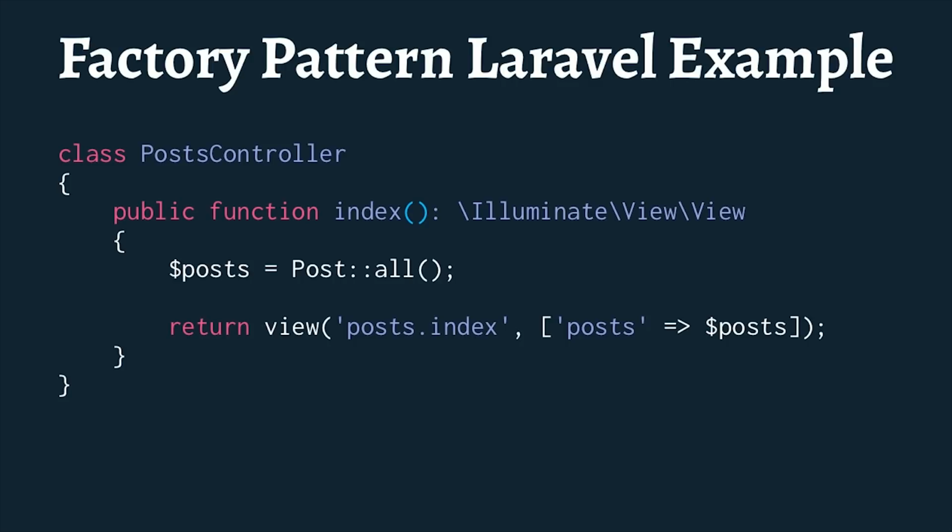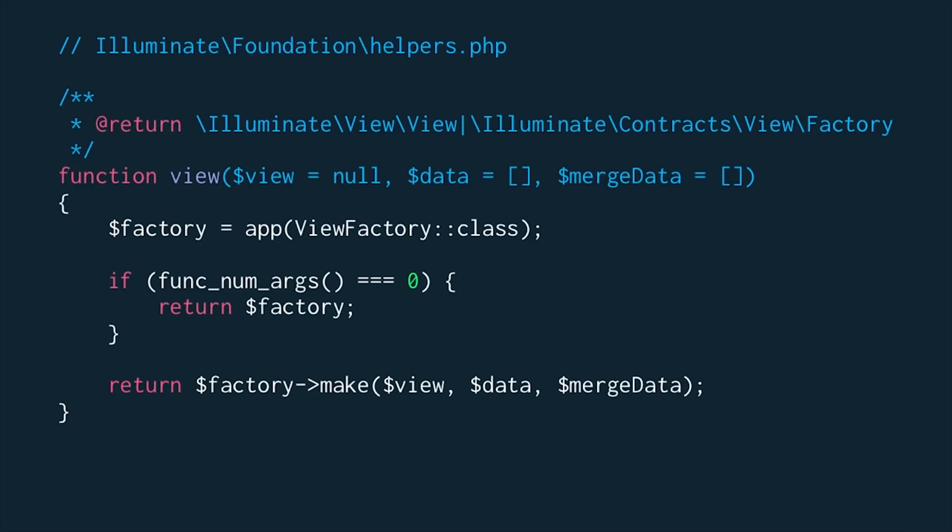So in this case, we give it a name, post.index, and then we give it some data that needs to be passed to the view. If we dive into this helper method, we can see that we first create a factory, a view factory. And then we call the make method on it. So we already have a factory, just like the pizza factory. And we call make on it, just like on the pizza factory. And we give it some data, and it's just going to return us a view instance.